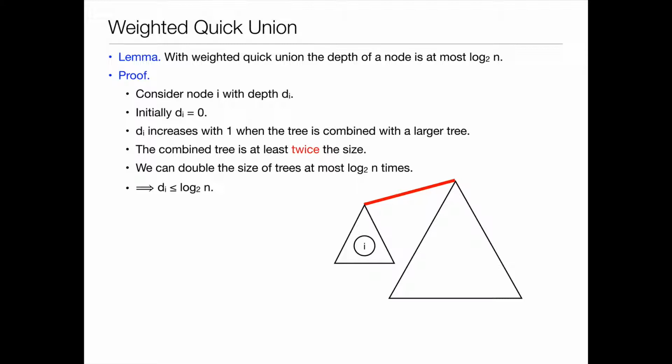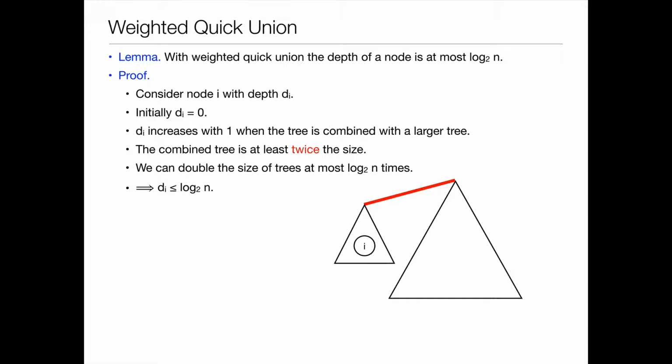If i is in the side of a larger tree, so if i is somewhere over here, then nothing happens to the depth. So the resulting tree that we get after increasing the depth of i by 1 must be at least twice the size of the original tree. So each time d_i increases by 1, the size of the tree containing i doubles.